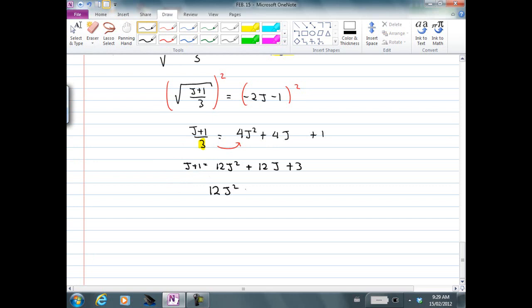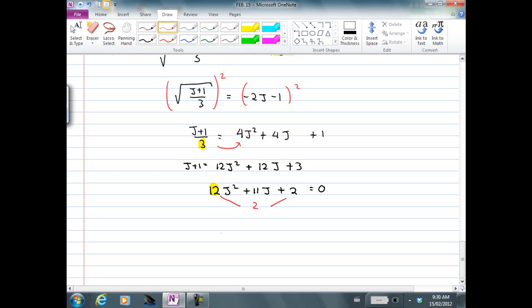12J squared plus 11J plus 2. Now, if you got up to here, we know this is equal to 0. I always try to factor first, and I taught you a technique. If there's a coefficient in front of the J squared, you're going to multiply this by 2 at the back.